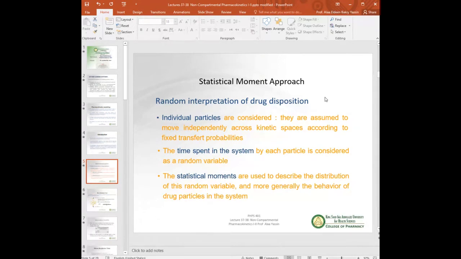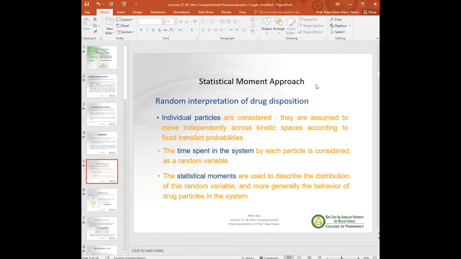The statistical moment expresses the behavior of individual particles, the individual molecules. So if you give, for example, a dose by IV bolus in the blood, all the molecules will be moving randomly in the body.